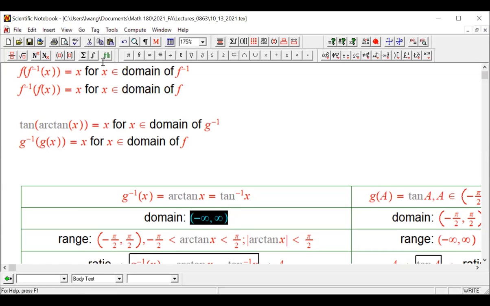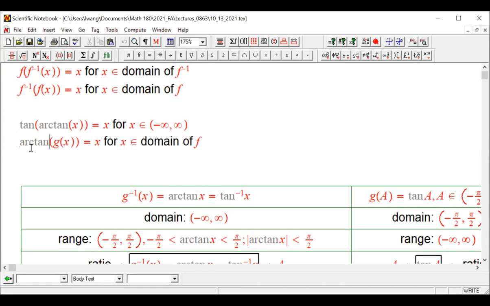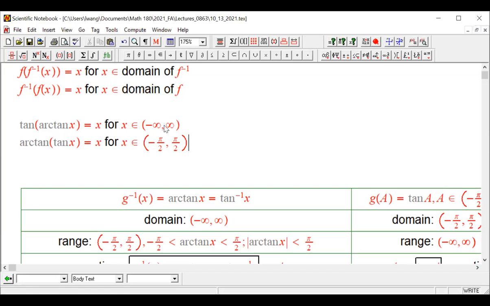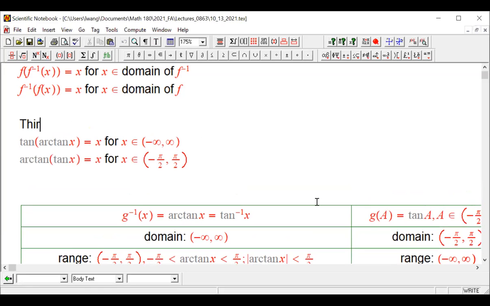Negative infinity to positive infinity. G inverse is arctan, and G is tan. These two parentheses are not necessary anymore. And of course this is the domain of G, between negative pi over 2 and pi over 2. This is the third line.